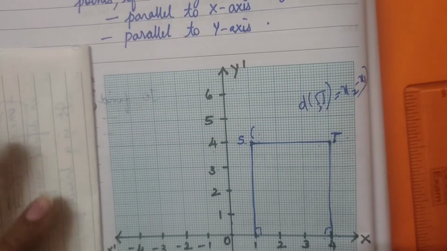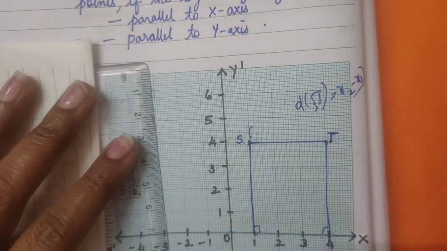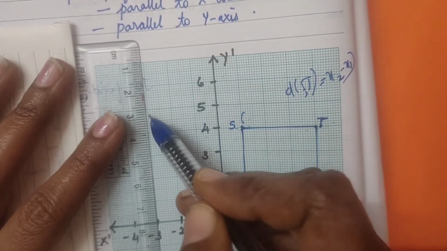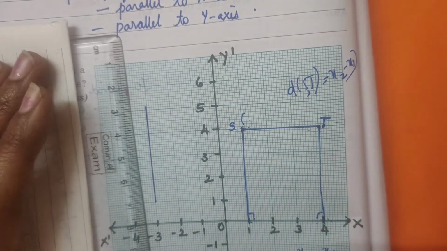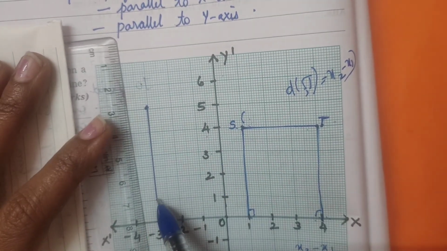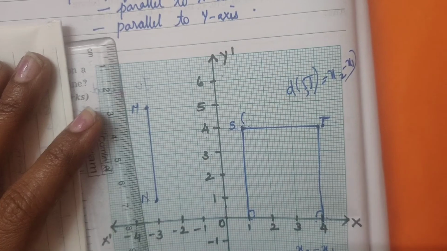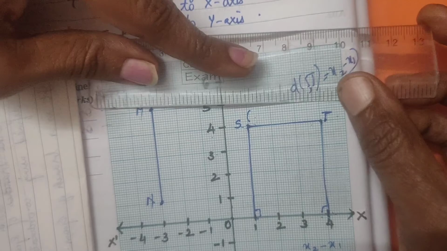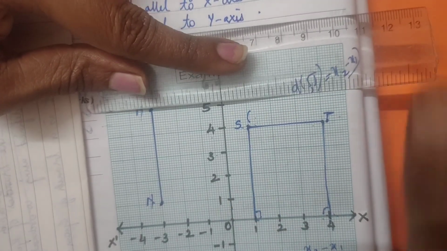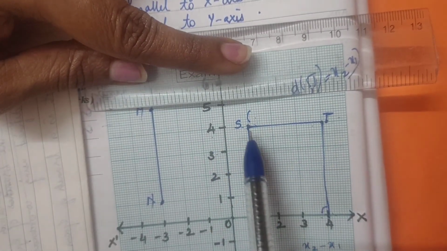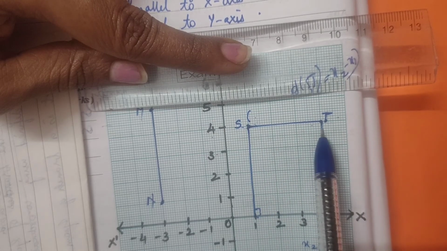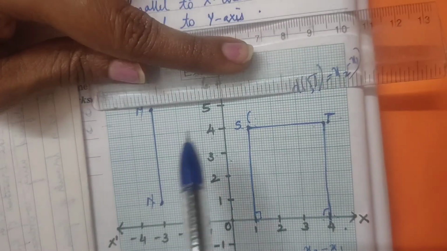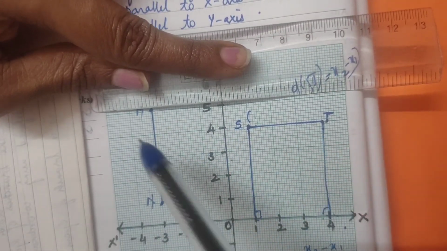So what could it be if it is parallel to the y-axis? Same one, dear. For example, if it is parallel to the y-axis, we consider it in this way. So, if we want to find the distance between this M and N, what do we have to do? We have to make a perpendicular on the y-axis. When it is parallel to the x-axis, we have to make a perpendicular on the x-axis. When it is parallel to the y-axis, then we have to make a perpendicular on y.